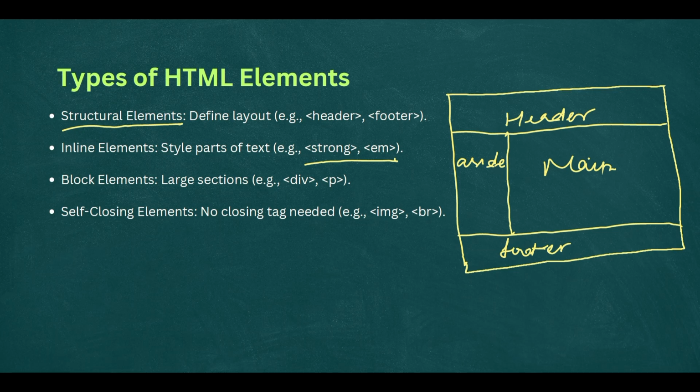The span tag also does not take the full width of the screen. There are block level elements that take the full width, like div and p tags. There are also self-closing tags that do not need any closing tag. For example, the image tag is a self-closing tag. We have br, the line break. We do not need any closing tag for these elements.